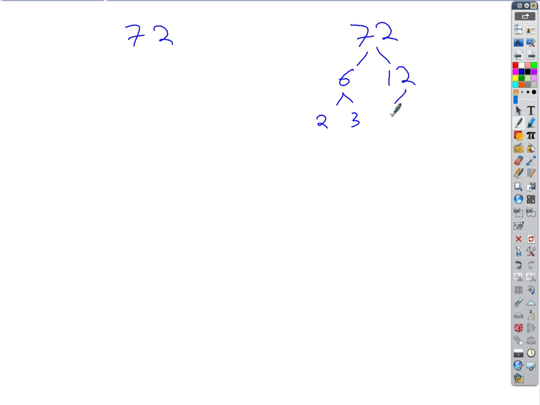This is going to break up into 2 and 6 maybe, and that breaks up into 2 and 3. So eventually I get couples, and there's a couple, and there's a single, right?